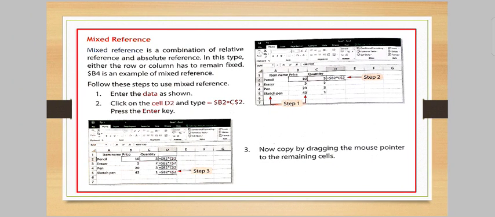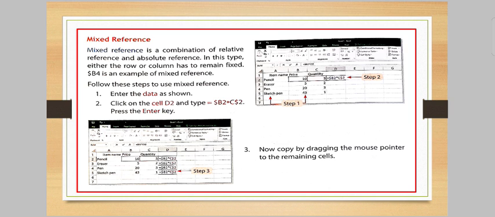Next is mixed reference. Mixed reference is a combination of relative reference and absolute reference. In this type, either the row or the column has to remain fixed. $B4 is an example of mixed reference. Enter the data as shown in picture number 1. Next, click on cell D2, type the formula and press the Enter key.